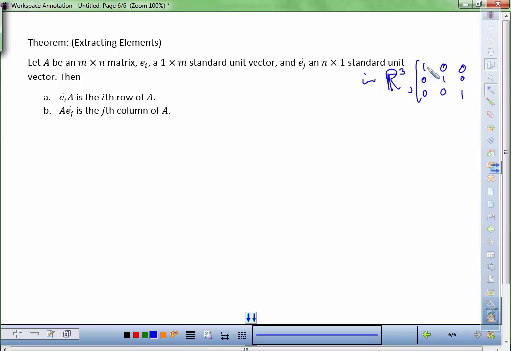I'm writing them as column vectors. They can also be seen as column matrices. These are your standard basis vectors, or standard unit vectors. Sometimes we call these the i, j, k vectors in physics. So that's what these e's are. e_i, or e1, e2, e3, would just be these vectors.